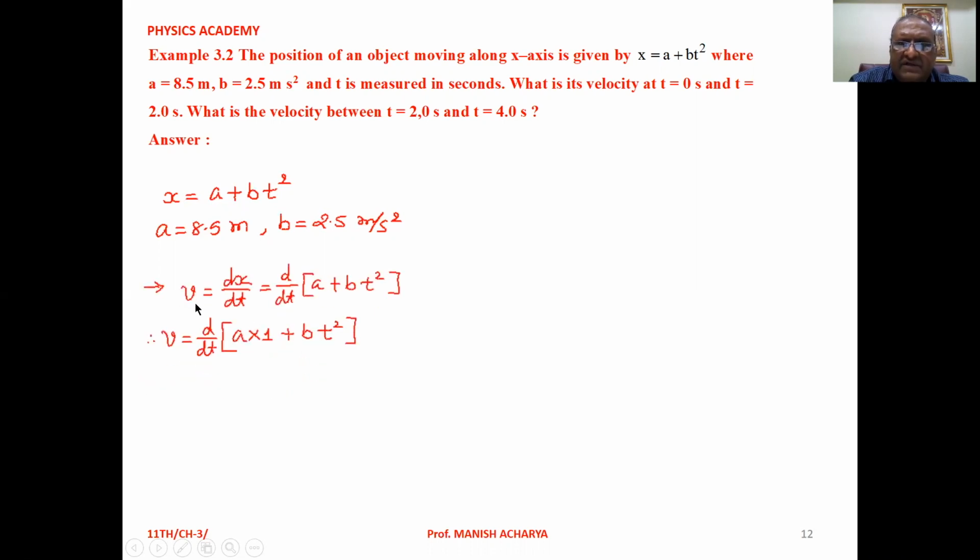Now instantaneous velocity is dx by dt, that is the differentiation of x with respect to time t. So substitute the value of x, that is equal to d by dt of a plus bt square.